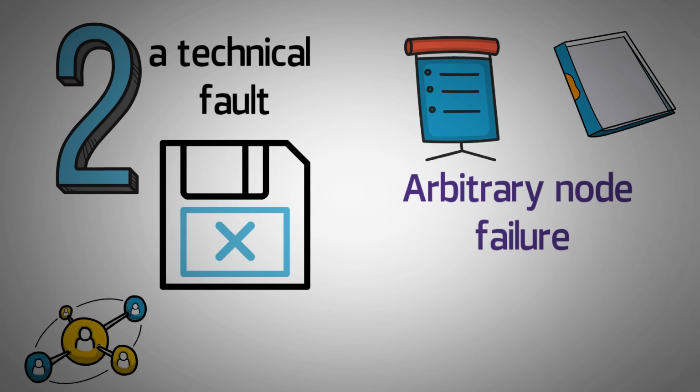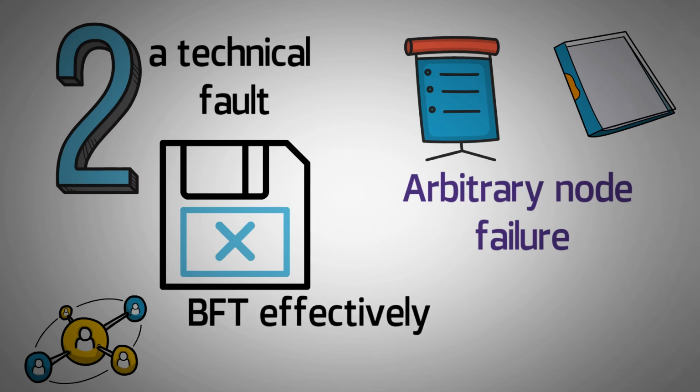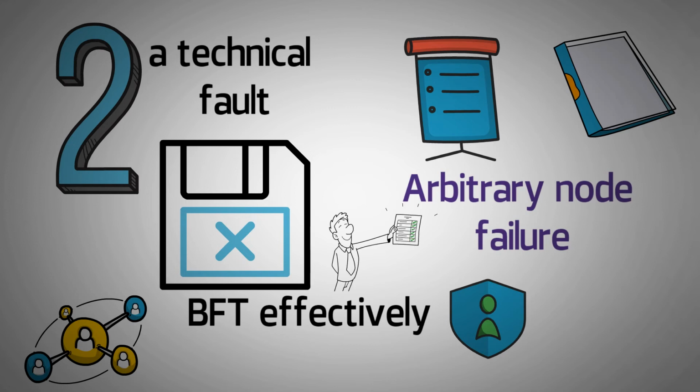All such challenges and faulty nodes are overcome by BFT effectively. The mechanism successfully protects the network from such failures and ensures that the network is functioning properly. Since the BFT was first created, there have been many improvements to its algorithm, perfecting its functionality and smooth process.